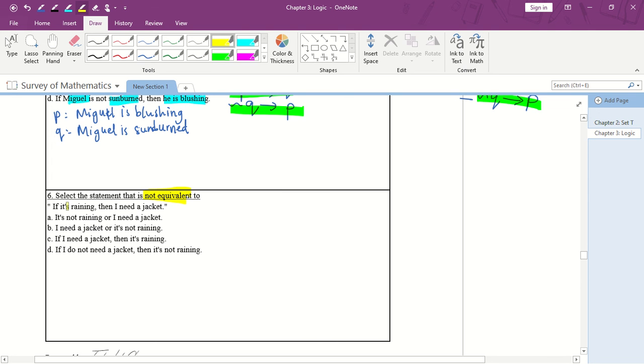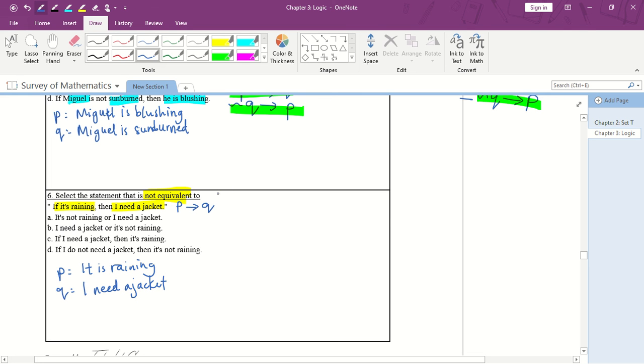So here it says, if it is raining, then I need a jacket. Now we need to write it into simple statements. P, it is raining. And Q, I need a jacket. So from these simple statements, we can write this compound statement as P to Q. That's simple.